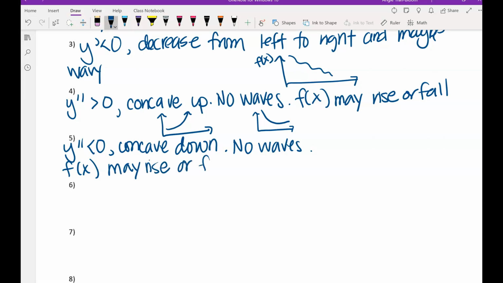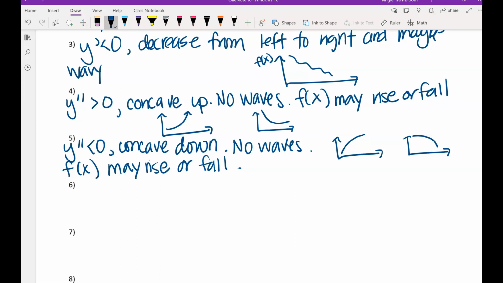Similarly, since it concaves down, this is an increasing function, and then this is going to be a decreasing function, even though it's concaving down. So concavity does not necessarily equate to increase or decrease, right?